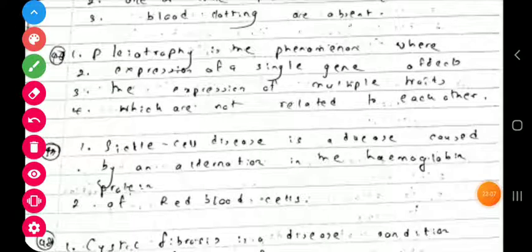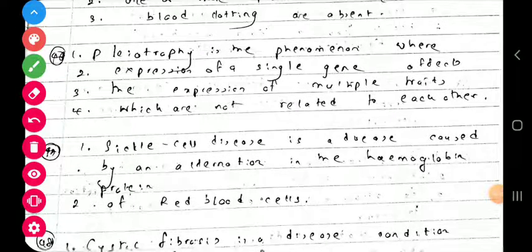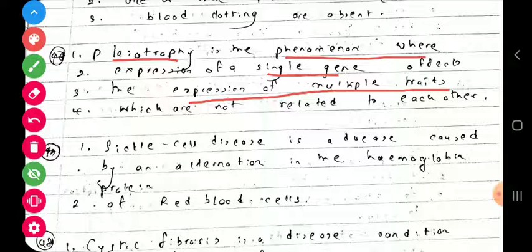So what is pleiotropy? Pleiotropy is the phenomenon where expression of a single gene affects the expression of multiple traits which are not related to each other.